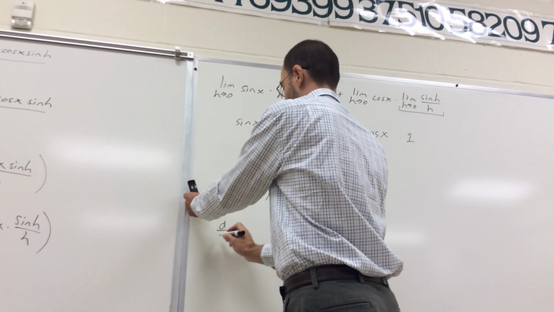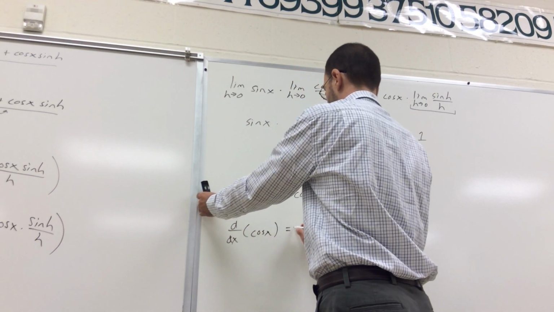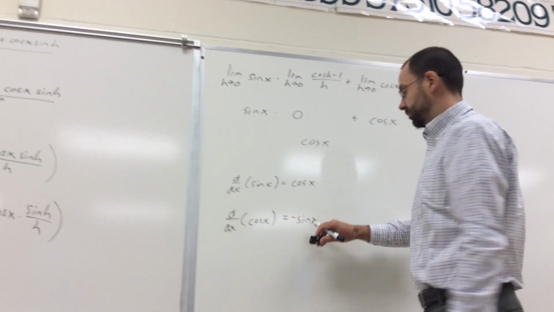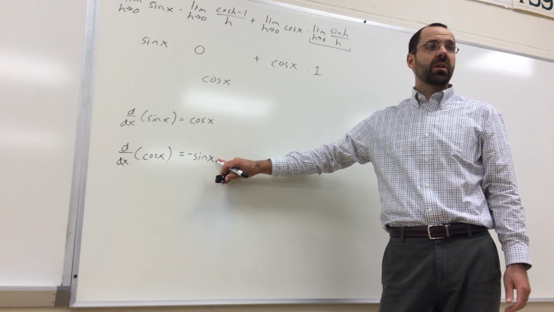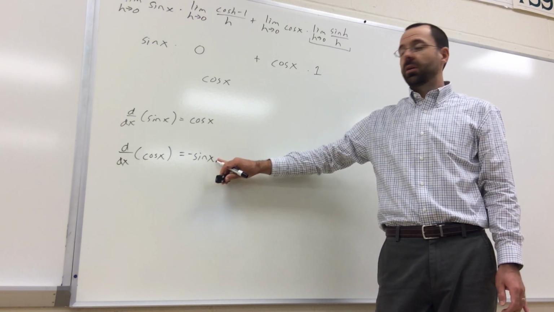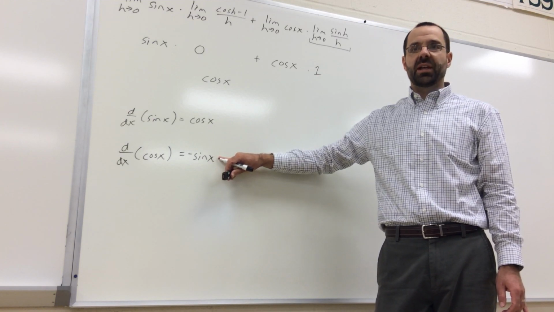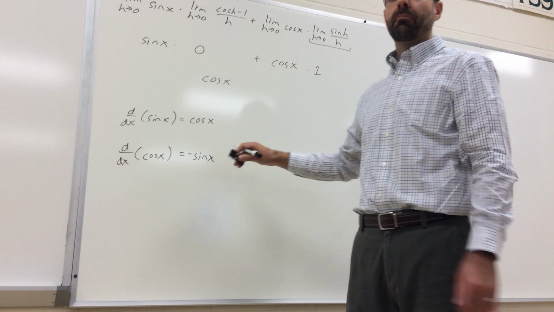The derivative of cosine is negative sine. This is going to be difficult for you to remember which one is negative, so just watch out for that.